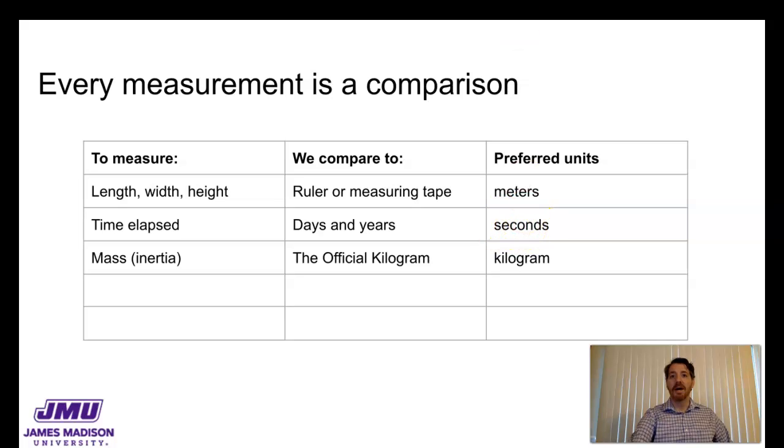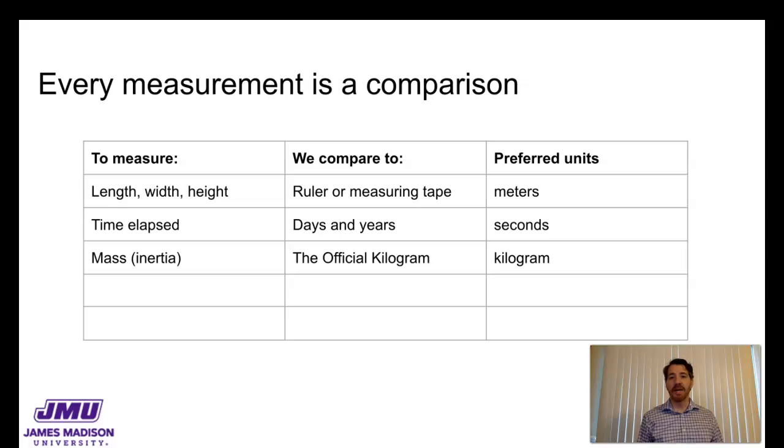Seconds are our preferred measurement, our base unit, and we can think of a second, for now, as just the amount of time that it takes a second hand to move on a clock. 3 seconds is 3 of those ticks. So that's the comparison that we're talking about.